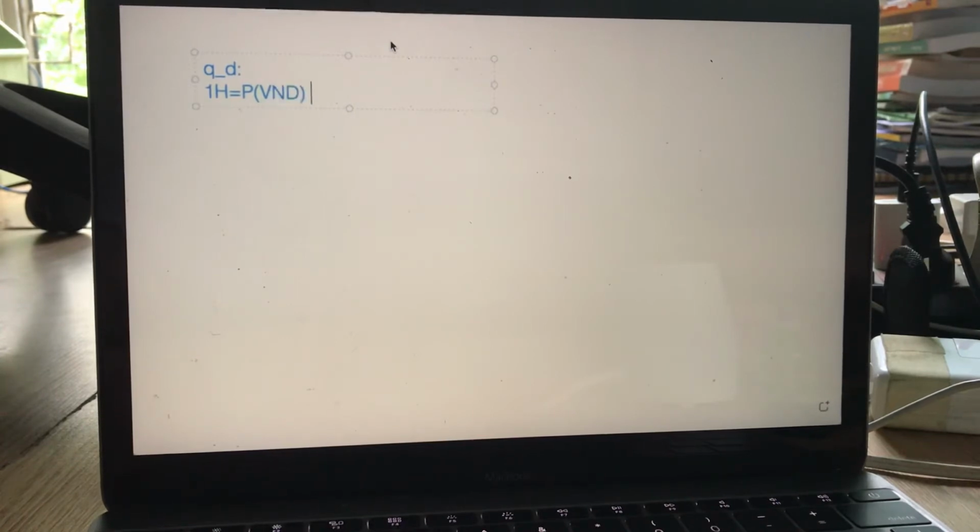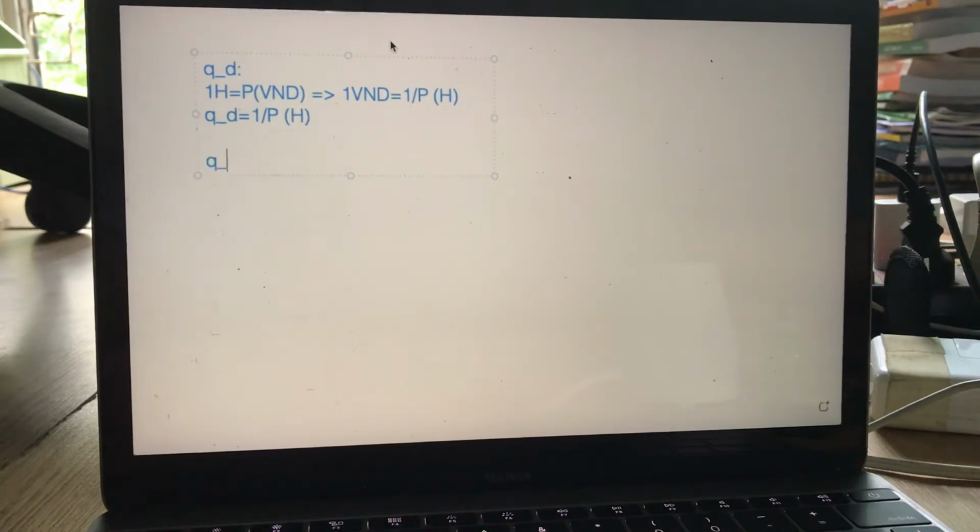So it means that with 1 VND, you can buy 1 over P units of products. Am I right? And it corresponds to QD. QD is equal to 1 over P units of products.